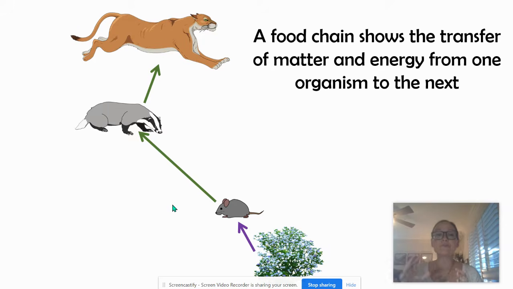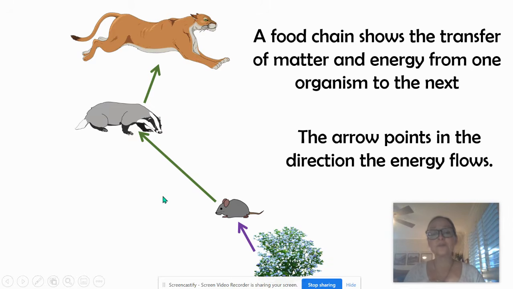So in a food chain, we are seeing the flow of energy and matter from one organism to the next. When we look at a food chain, the arrow is showing us the direction of the energy, and sometimes it's more specific to matter, but here I'm talking about energy. So it shows the direction the energy is flowing.